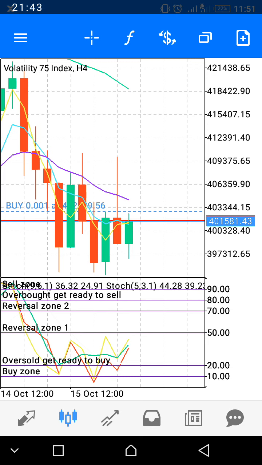So what's the function of this? It will help you to know when to enter and when to exit a trade. Very powerful. Then the next indicator, commodity channel index.